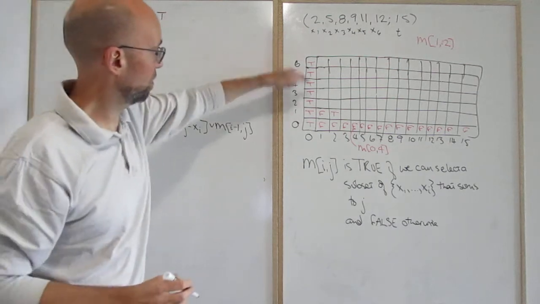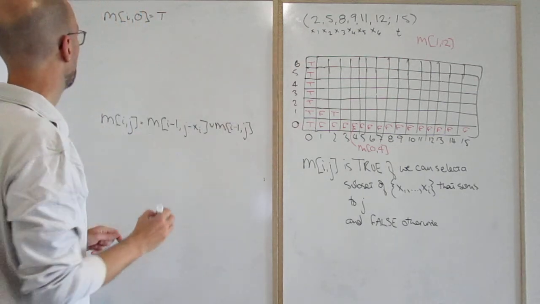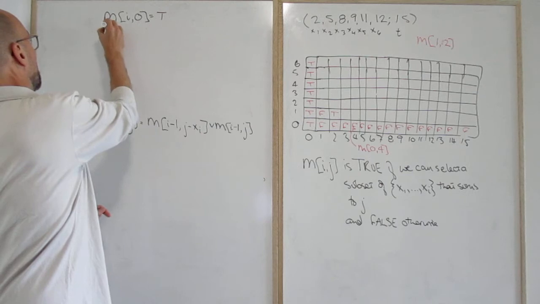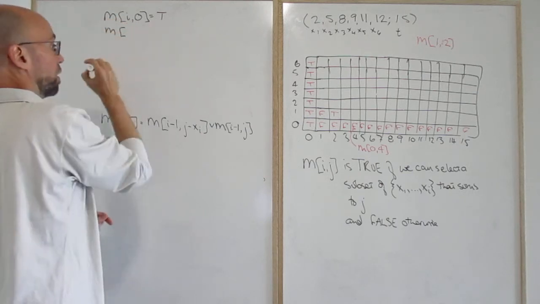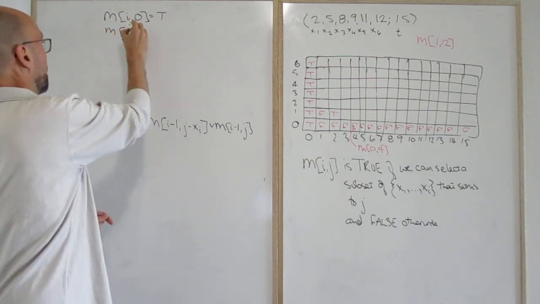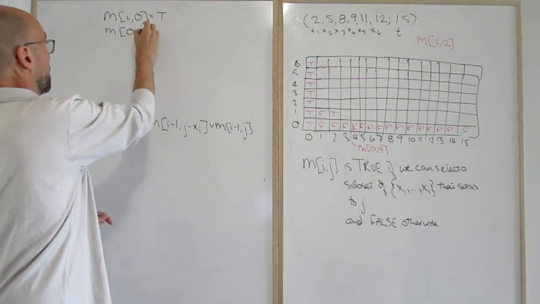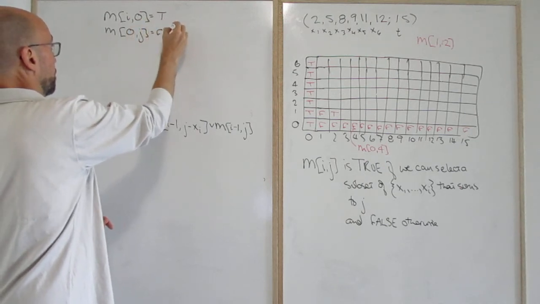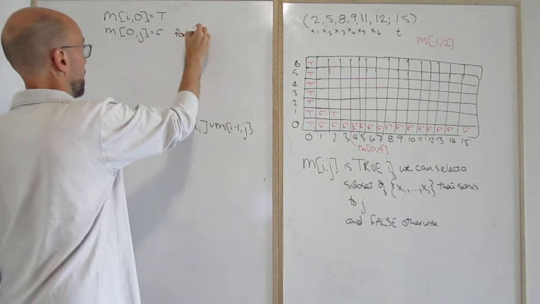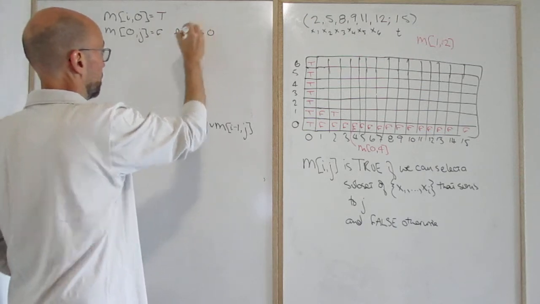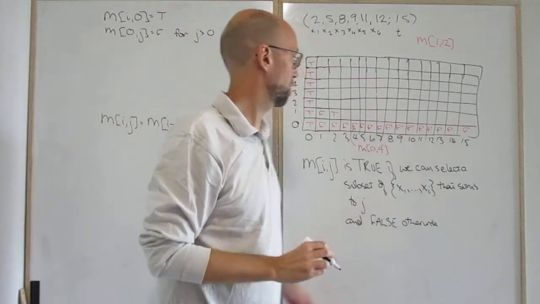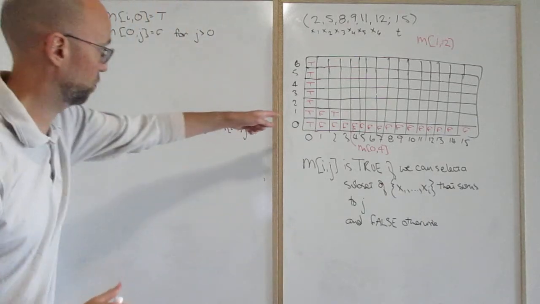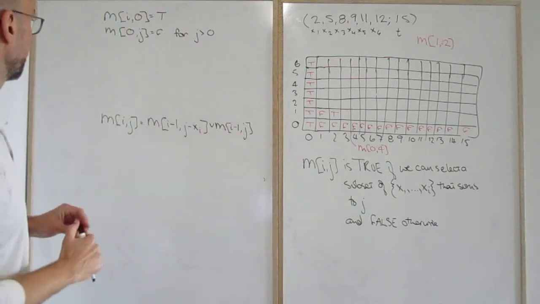So that says this column is true. M0j equals false for j greater than 0. So that says that this row is false except for this one. Okay.